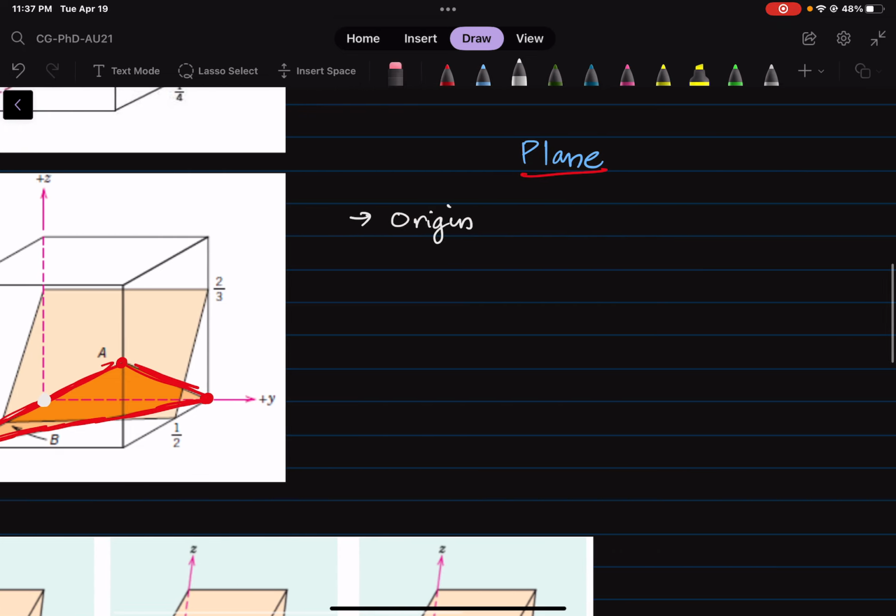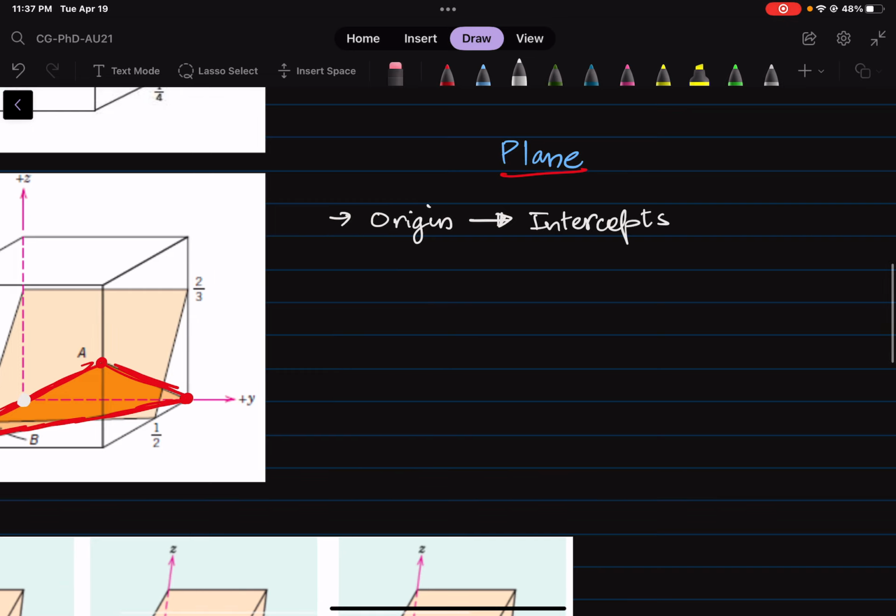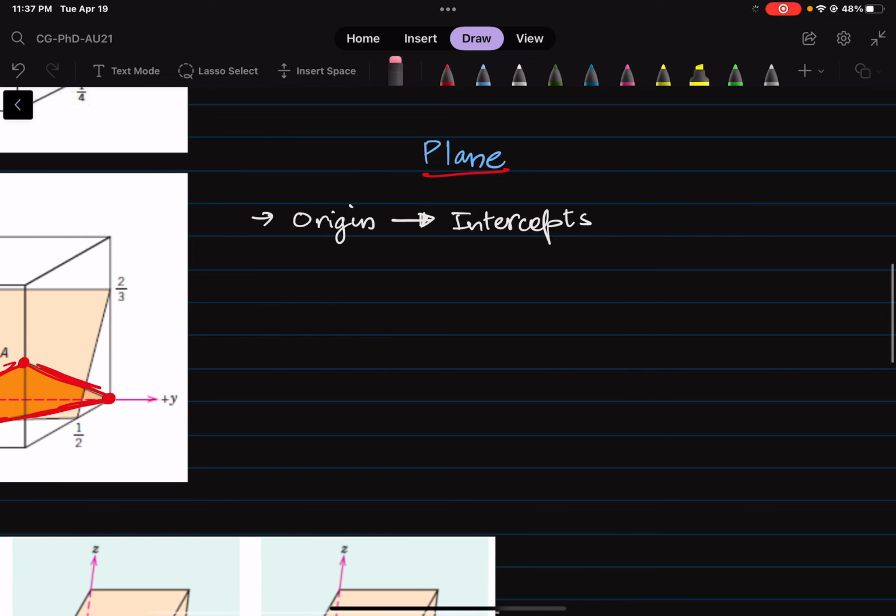Sometimes you don't have a good origin. By good, I mean an origin that can give you the intercepts. So your job is to find the x-intercept, the y-intercept, and the z-intercept. Once you find the intercept, the next step is to do reciprocal.